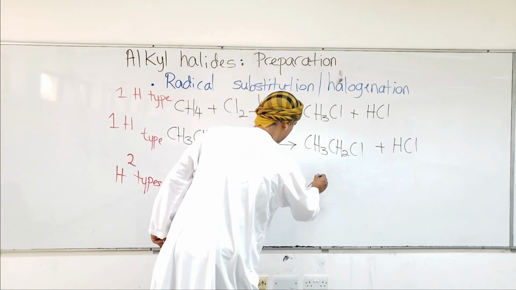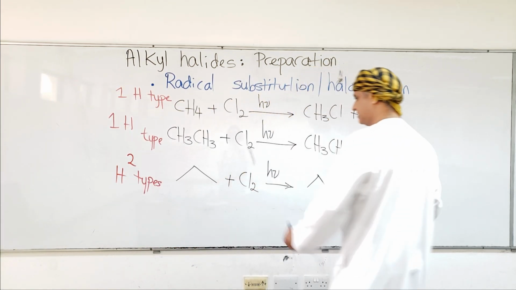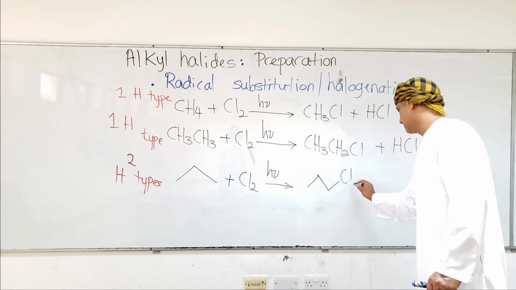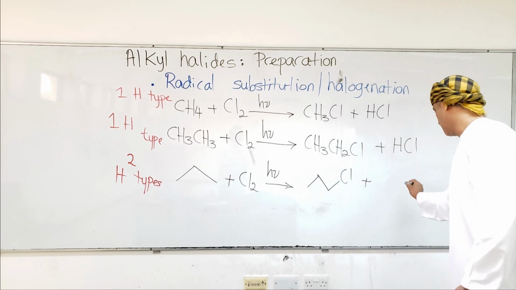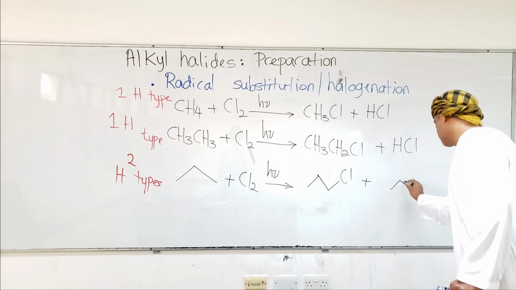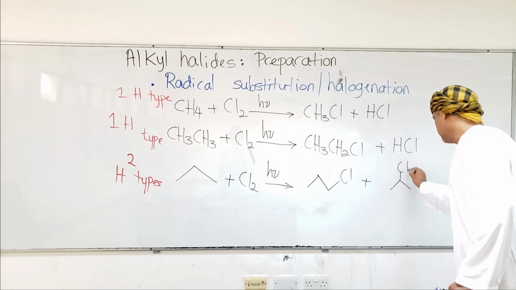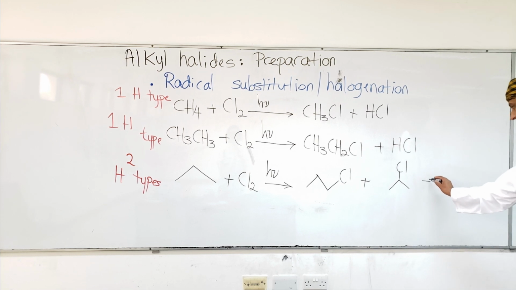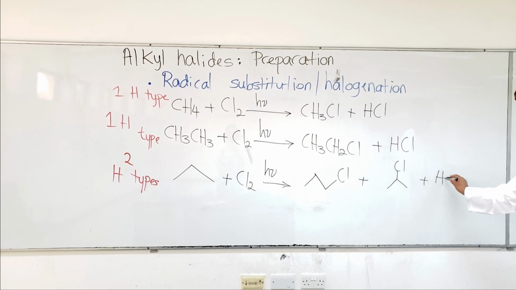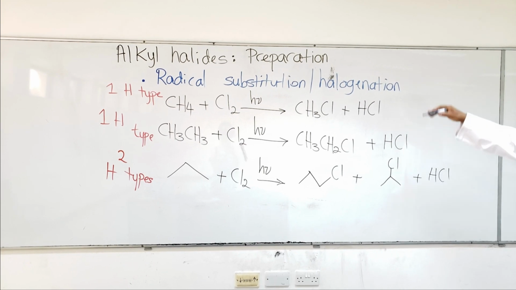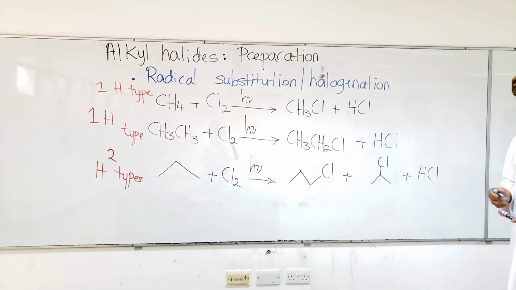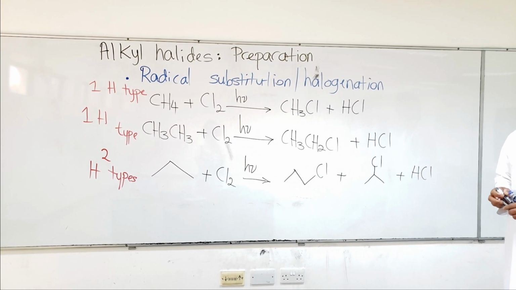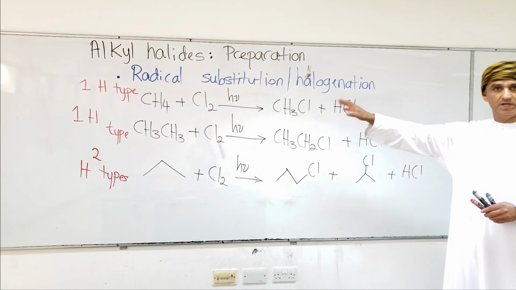The first is where one of the 6 hydrogens is substituted, and the other is where one of the 2 methylene hydrogens is substituted. So there are 2 products in this case, plus obviously HCl.